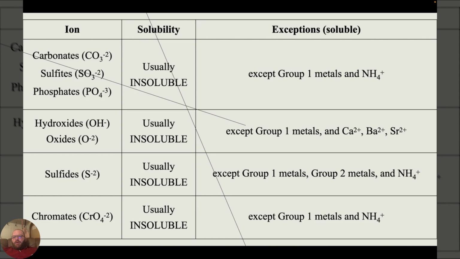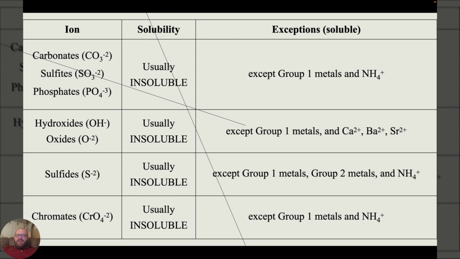The second row, hydroxides and oxides, usually insoluble unless the group 1 metals and some of the group 2, calcium, barium, and strontium. Sulfides are usually insoluble unless, once again, the group 1 metals, group 2 metals, all of them, and ammonia. And then the chromates, CrO4s, usually insoluble unless, once again, group 1 metals and ammonia.